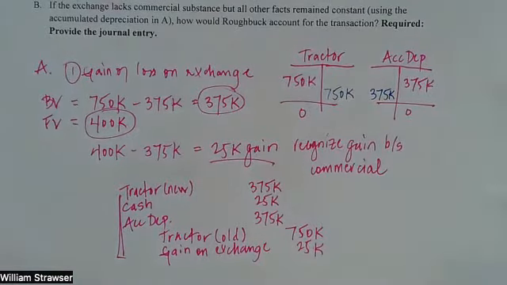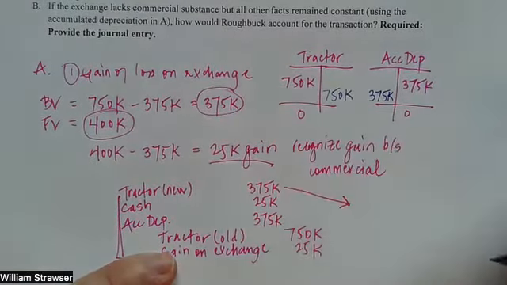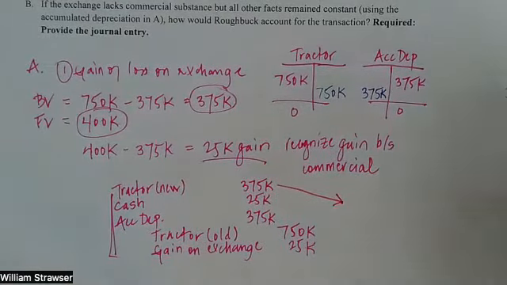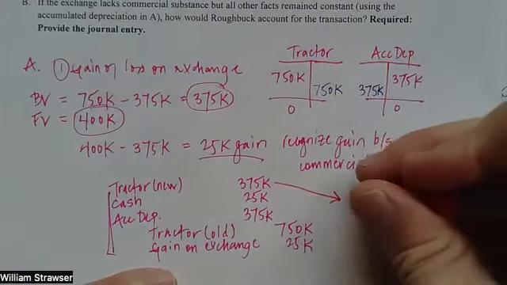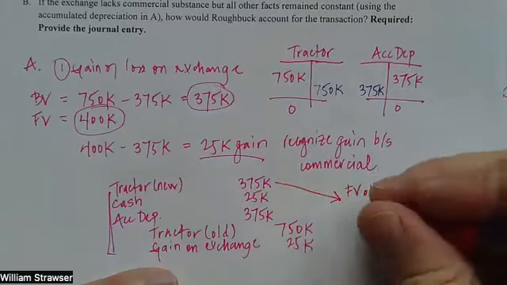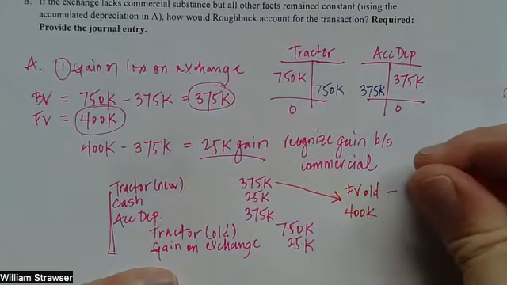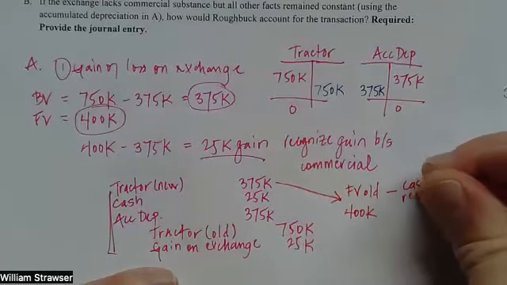Okay. That's how I tend to work these problems. Now, from the notes, you have that formula about like, well, the new is based on the fair value of the old, plus any cash I pay minus any cash I receive. And that is true here because the fair value of my old asset was $400,000 and I received cash. So I subtract that.